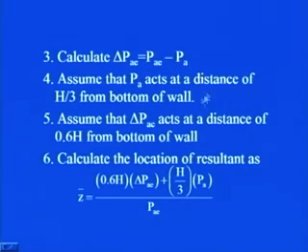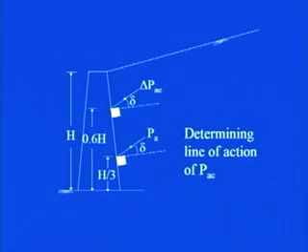Then we make an assumption that PA acts at a distance of h/3 from the bottom of the wall. Another assumption which is made is that delta PAE is assumed to act at a distance of 0.6 times h from the bottom of the wall. You see here, PA is acting at h/3. Delta PAE is assumed to act at 0.6 times h.